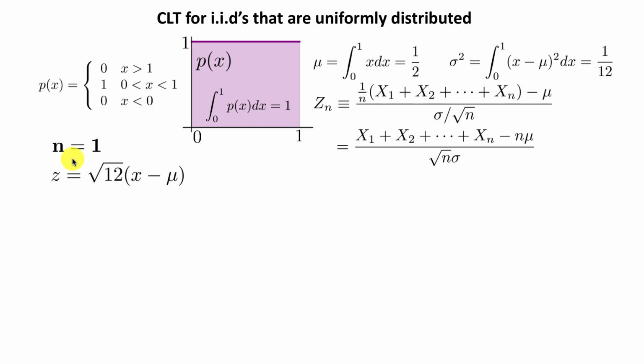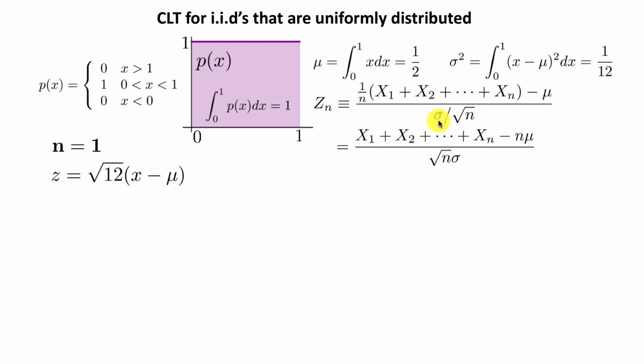In that case, from here, we're going to have z1, which I'm going to call z. So z is equal to 1 over 1. There's going to be an x minus mu. Mu is a half. Then divided by sigma.